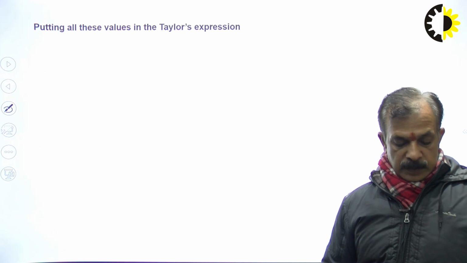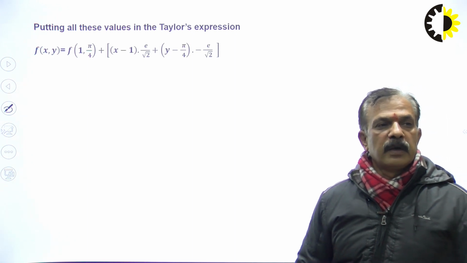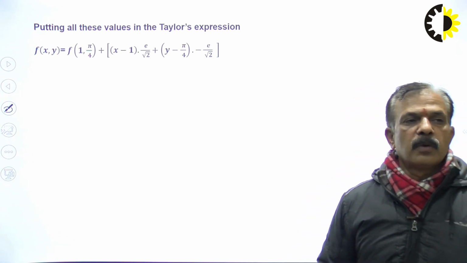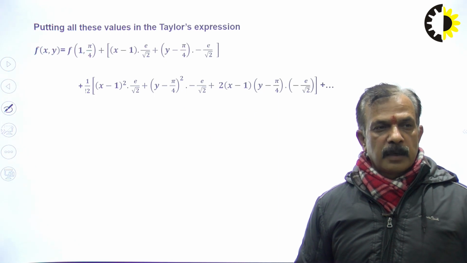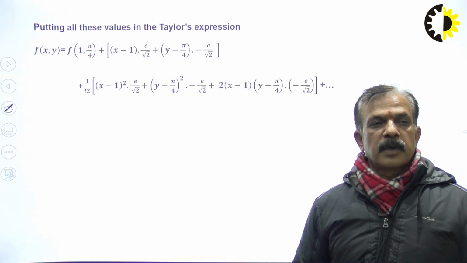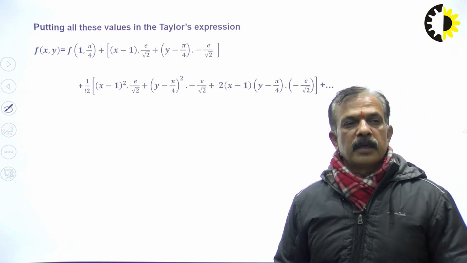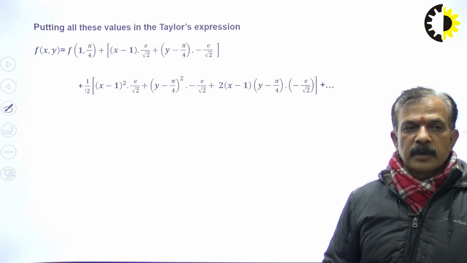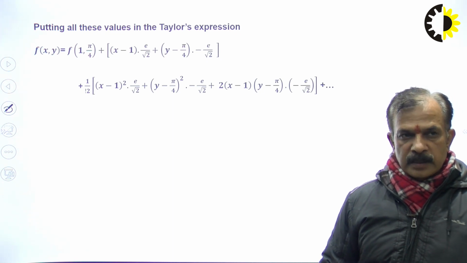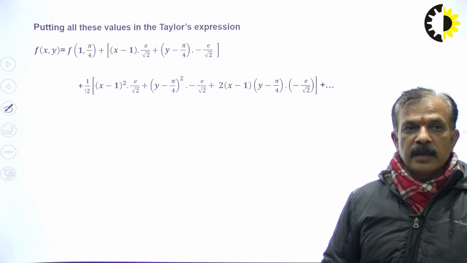Now, putting these values of the function and derivatives in the formula for expansion, we will have f of x y equal to f of 1 comma pi by 4 plus x minus 1 into e raised to the power 1 upon 2 factorial plus y minus pi by 4 into e raised to the power 1 divided by 2 factorial under root 2, plus 1 upon 2 factorial into x minus 1 whole square e by under root 2 plus y minus pi by 4 whole square into minus e divided by under root 2 plus twice x minus 1 into y minus pi by 4 into minus e by under root 2, and so on.